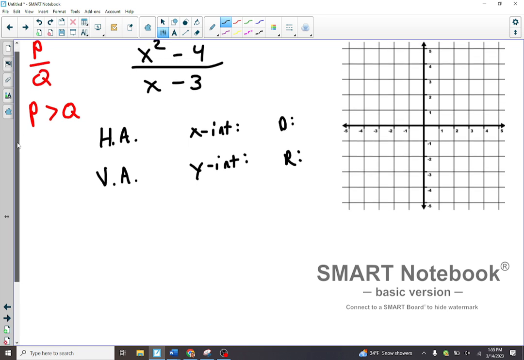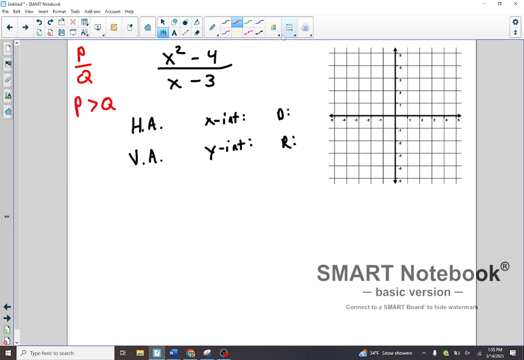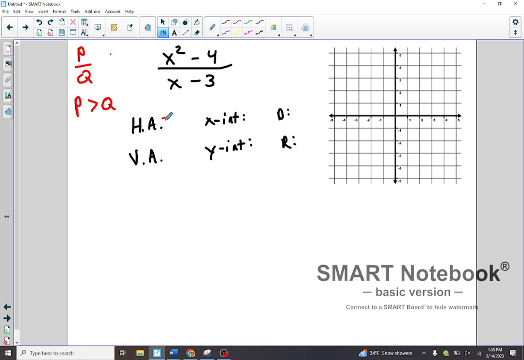All right. So for this question, the HA would be 0 with the line in it. In this case, our horizontal asymptote is dictated by the P and Q situation. When P is bigger than Q, you have no asymptote, okay? You could also write no asymptote.